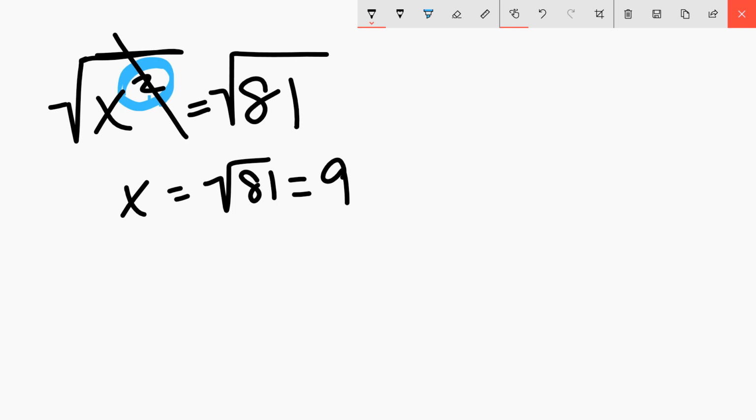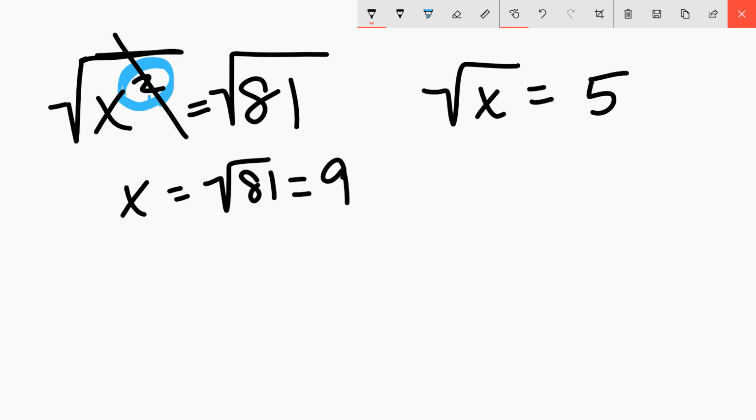Okay. If it were a different power, for example, x to the third, I need to take the third root of that. Okay. And if we went backwards, let's say the square root of x is equal to, let's say, 5. Okay.